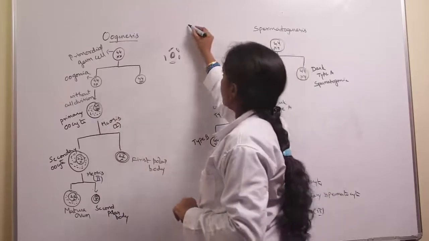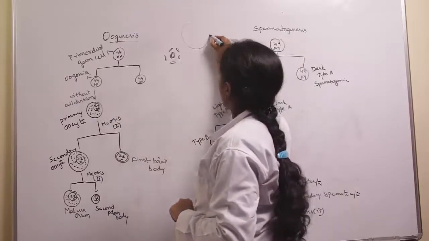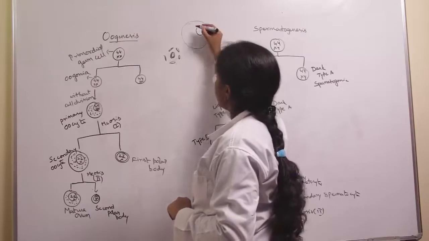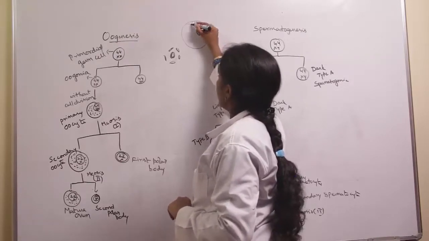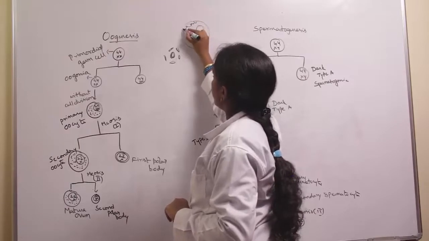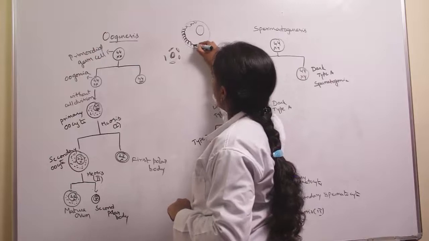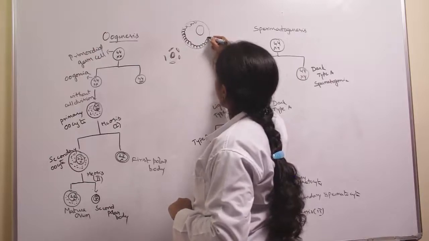If you take the primary oocyte, this is the nucleus, and the follicular cells here multiply. First the primary oocyte is surrounded by a layer of follicular cells, and after that the follicular cells multiply.